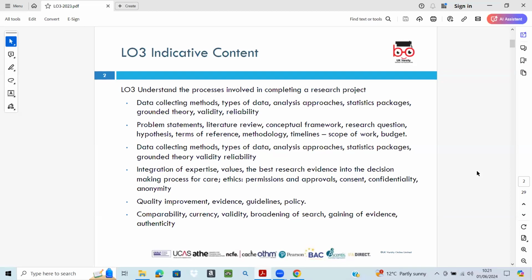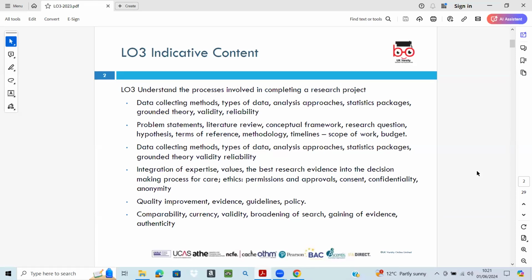Then we have comparability. So comparability is we need to ensure that our data and findings can be compared across studies. Then we have currency, and it's keep your research current by including the latest data and trends.